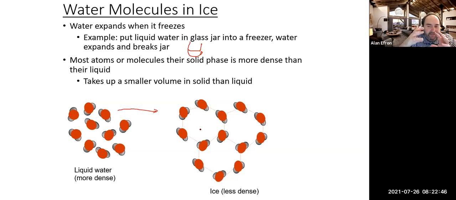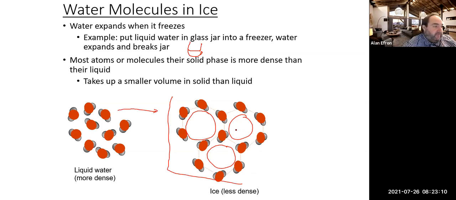So as they come to the solid, they have a lot less energy. They try to move and orient themselves to maximize those attractive forces. The result in water and ice is that it creates all this open space between the different water molecules, as you can see here in this picture. Open space means overall this whole thing has a much larger volume.